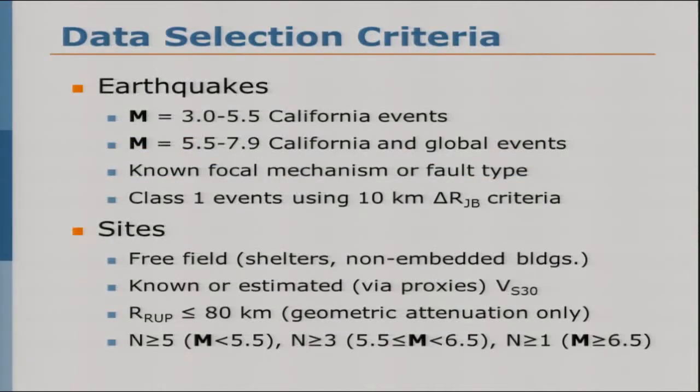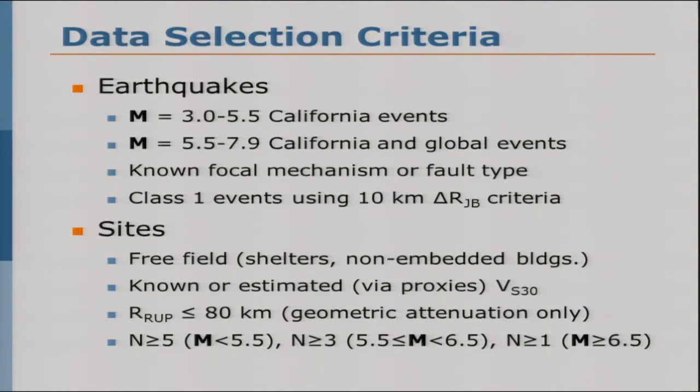So the data selection criteria, in essence: we have magnitude 3 to 5.5 data from California events only. I think this has been covered, so none of this should be too strange. We're just going to focus on what we specifically applied for our data set. And then 5.5 to 7.9 includes California and global events.